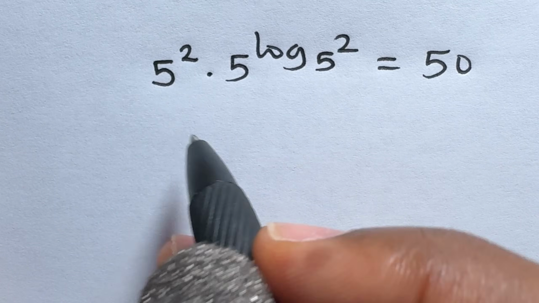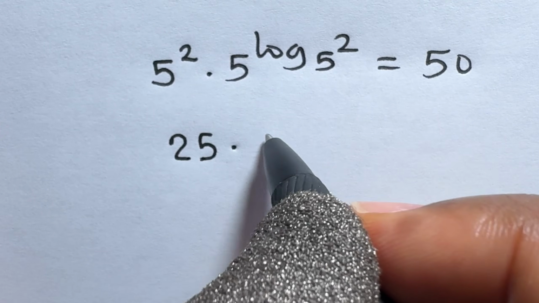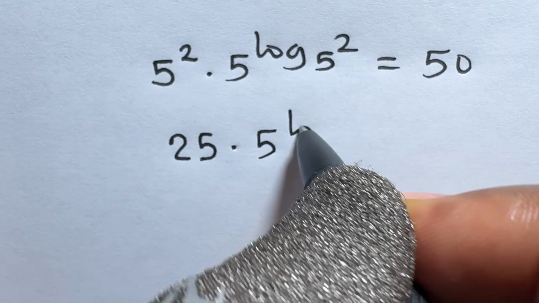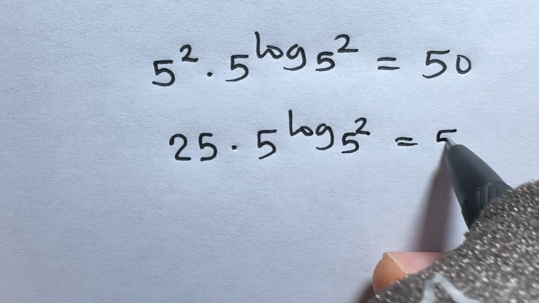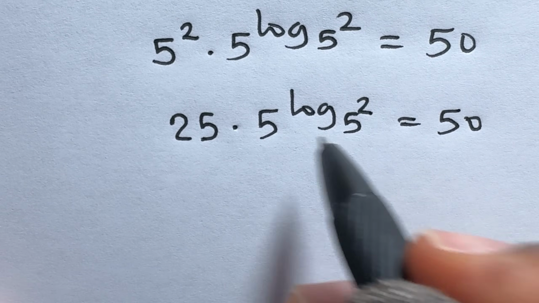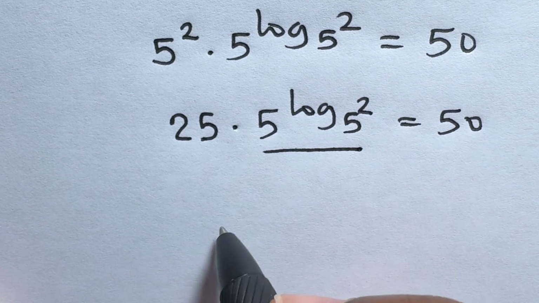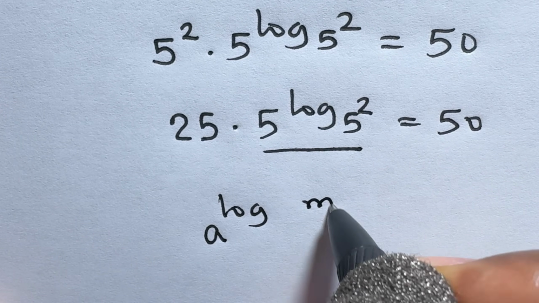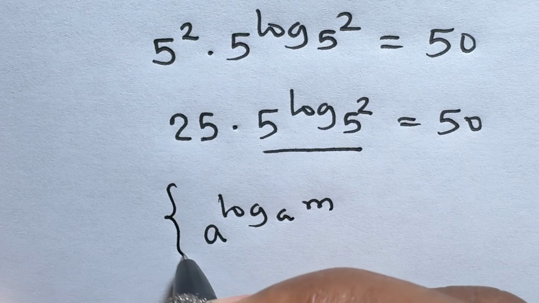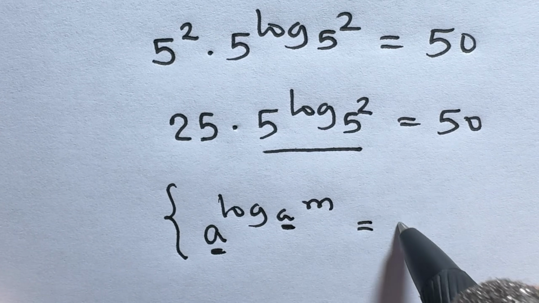5 raised to power 2 here will give us 25. This remains unchanged, to give us 50. Then looking at 5 raised to power log 2 base 5, this is of the form a raised to power log m base a. As long as the bases are the same, this will always give us m.